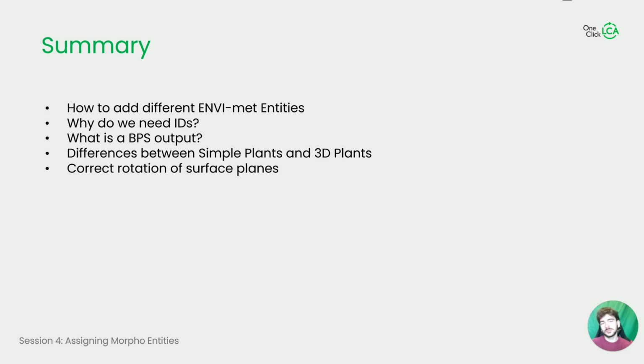So remember, 3D plants are trees and are usually point geometries in the Morpho plugin, and simple plants are plane geometries, surface geometries in Rhino. And also I explained that we need to rotate our planes if you want to add any kind of surfaces, so they're going to be transformed correctly to ENVI-met.